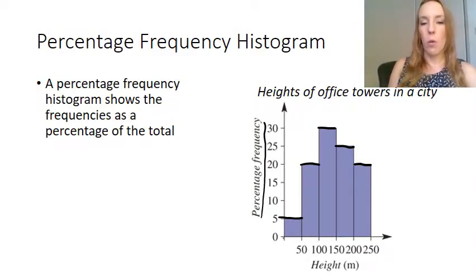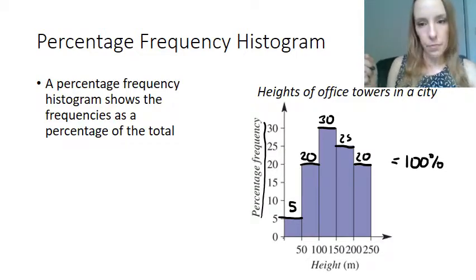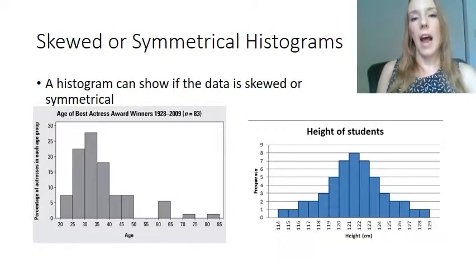If we were to add all of these values together, our 5, 20, 30, 25, and 20, hopefully you would get 100%, because it's showing the percentage frequency of the total.